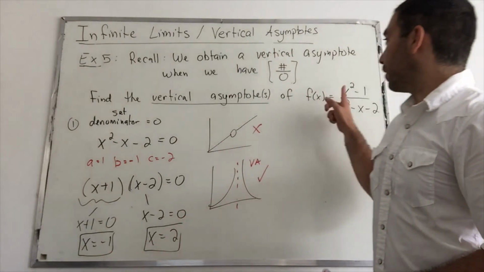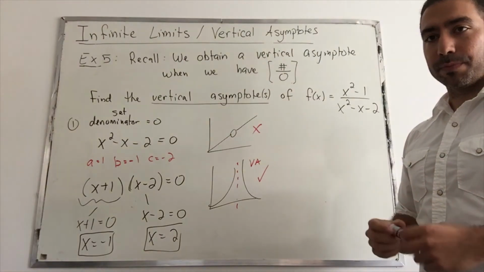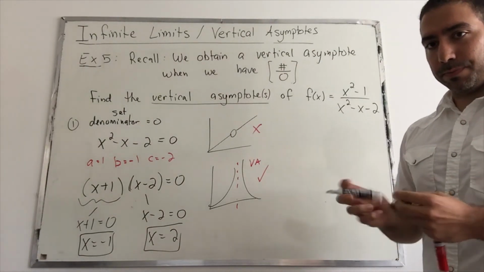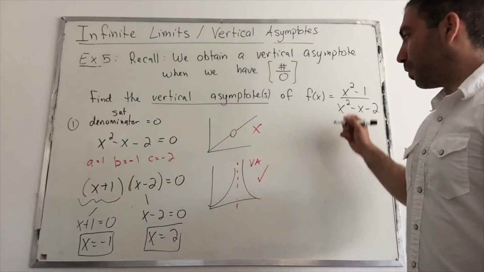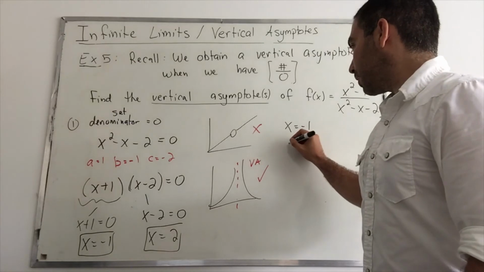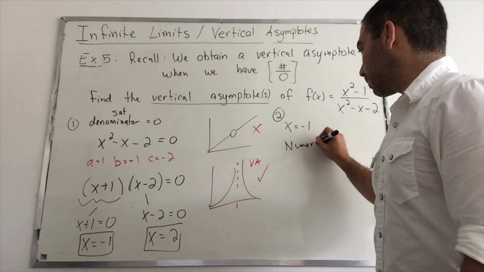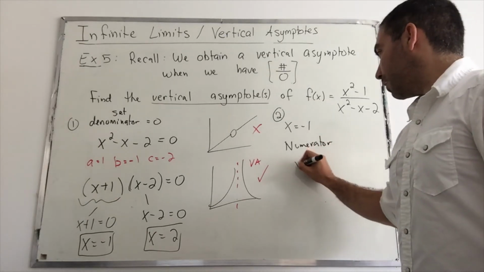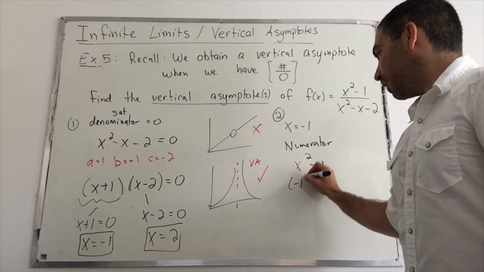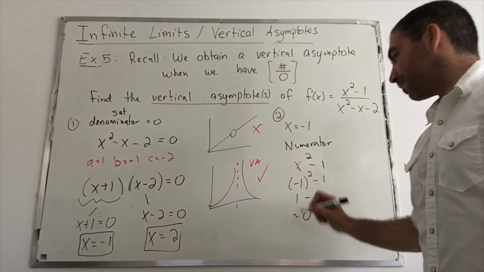So in order to solve this, you take these values here and plug them into the numerator. You have to ensure that the numerator is not equal to 0. So when we plug in x equal to negative 1 into the numerator, this is step 2, we get x squared minus 1, that's up here, giving us negative 1 squared minus 1, 1 minus 1, which gives us 0.